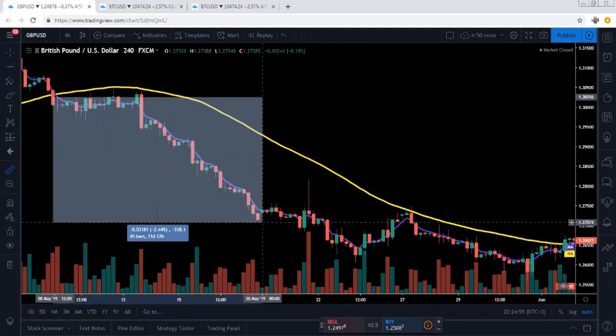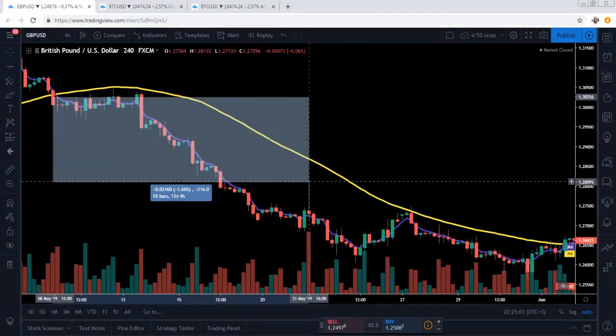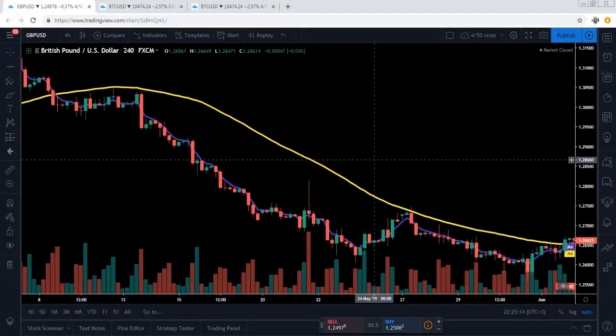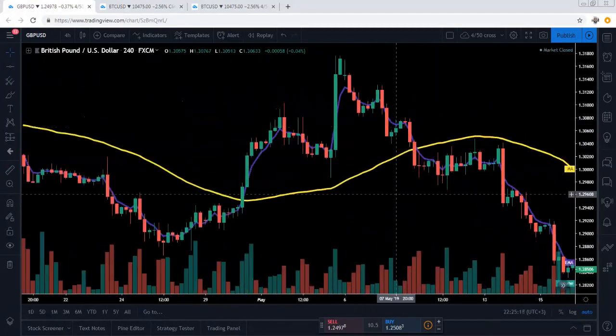Let's say you got in here and it came down here and pulled you out back here. You still got 213, 214 pips. If you put on 2 positions, 3 positions, trailing stops, let it rock. Any questions about this?